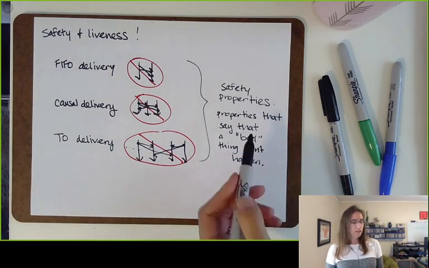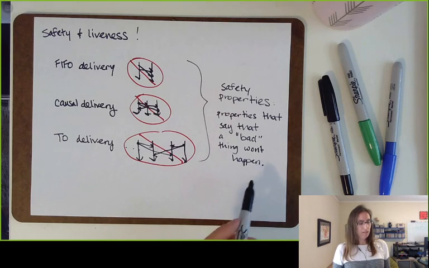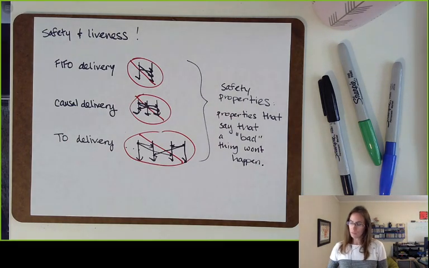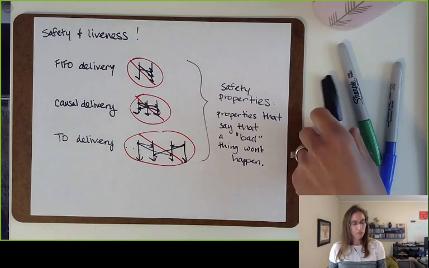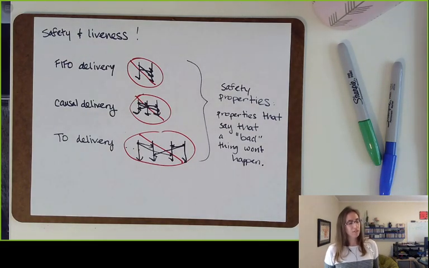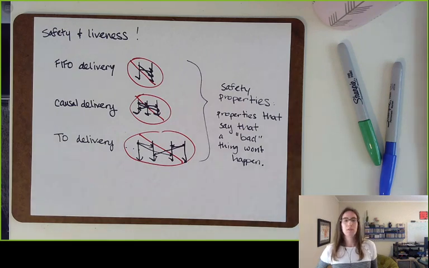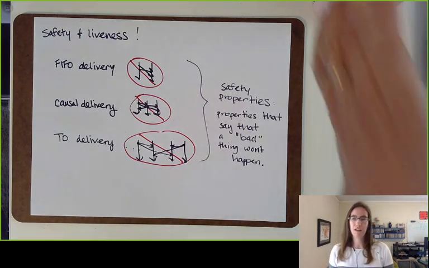They all say there's a bad thing, and the property says the bad thing won't happen. So these pictures show the bad thing that each of these safety properties are ruling out. There's another kind of property, and it's a liveness property. So if a safety property says that a bad thing won't happen, what do you think the liveness property will say?